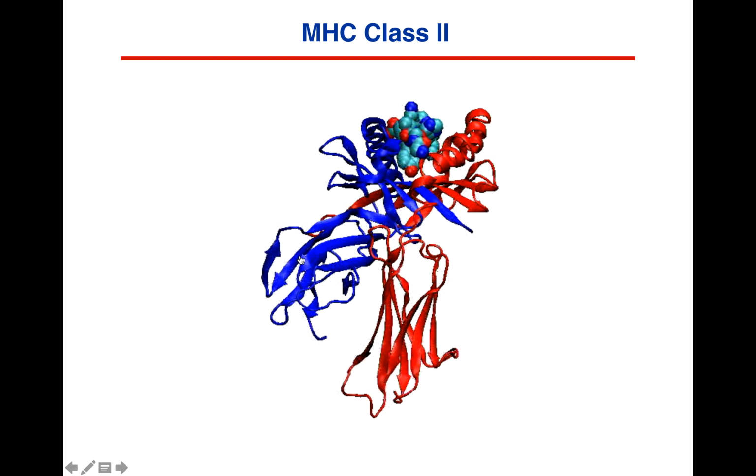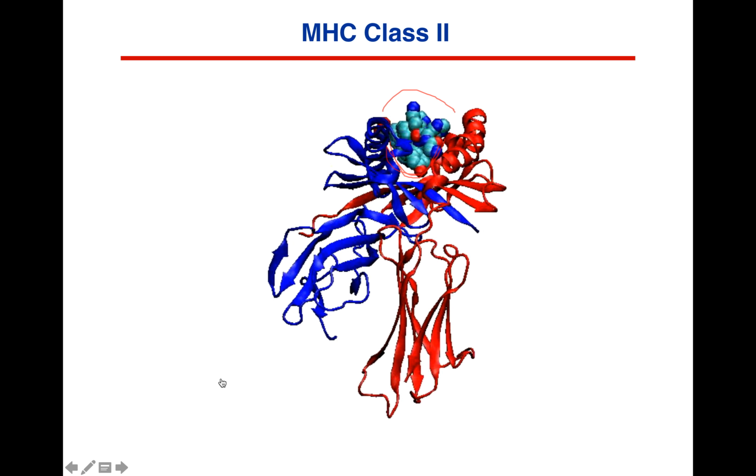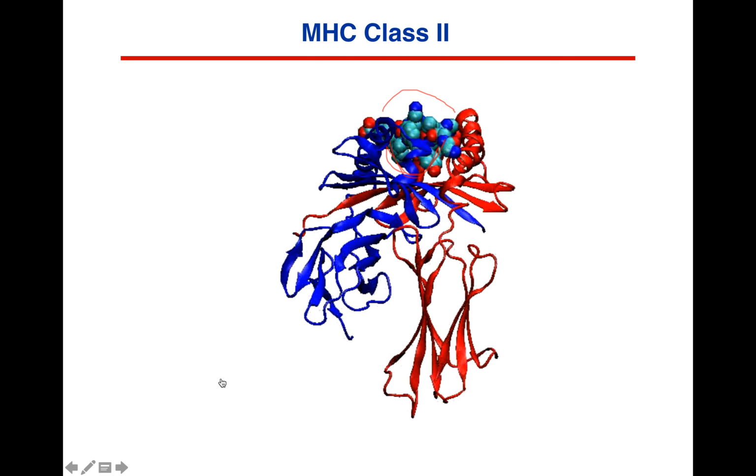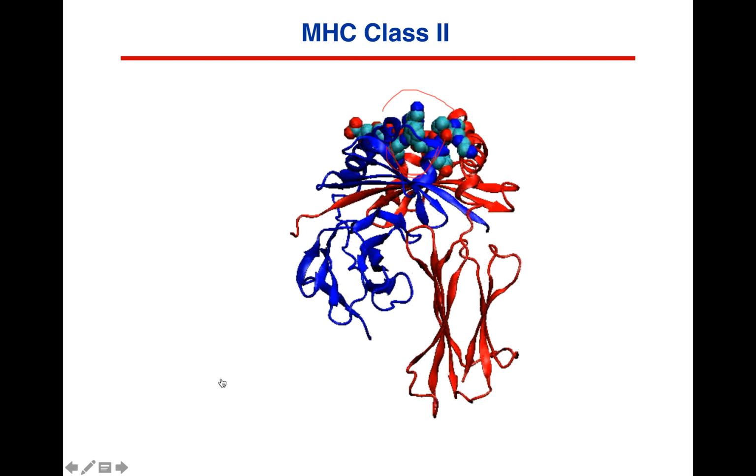We can see here nicely that there's a part that is surface exposed, solvent exposed, and there's a part that binds into this groove. Let's take another look at this. We'll just continue this around to show you.